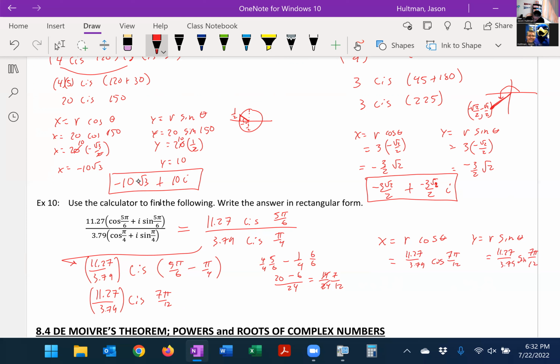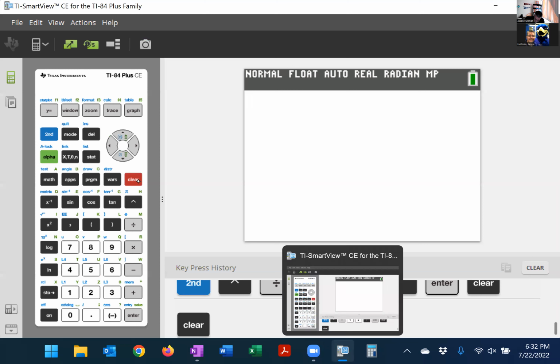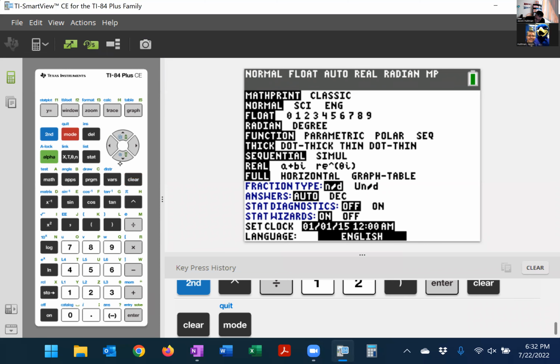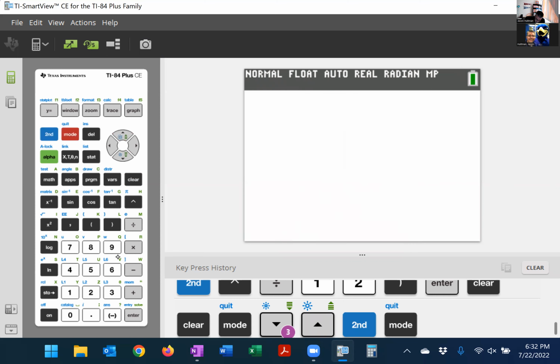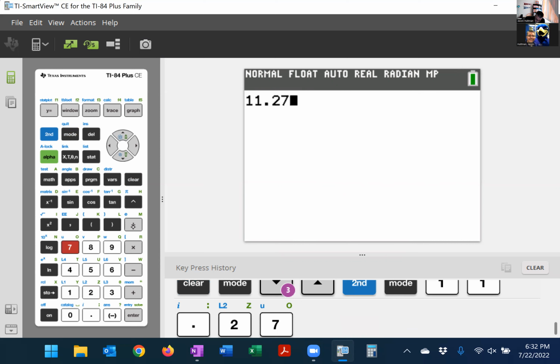Now I can plug this into my calculator, making sure that it's in radian mode. I can figure out what x and y are, because once again, we're going to get x plus yi, that's the rectangular form of this. We are in radian mode, that's good. Then I want to go 11.27 divided by 3.79.